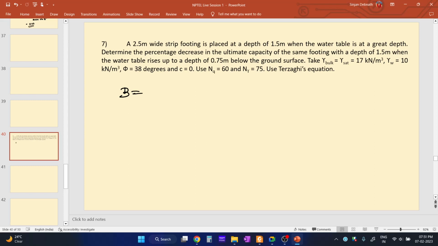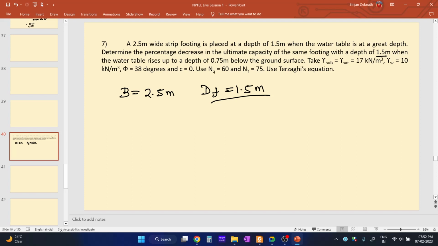The breadth is 2.5 meter, depth is 1.5 meter. The water table is at a great depth. Determine the percentage decrease in the ultimate capacity of the same footing when the water table rises up to a depth of 0.7 meter below the ground surface.